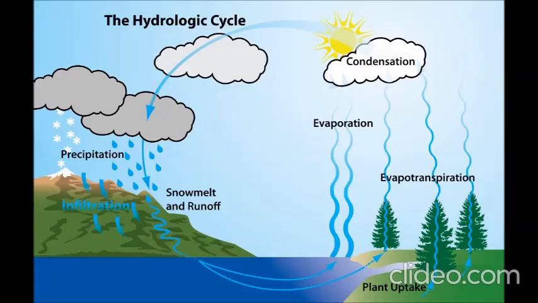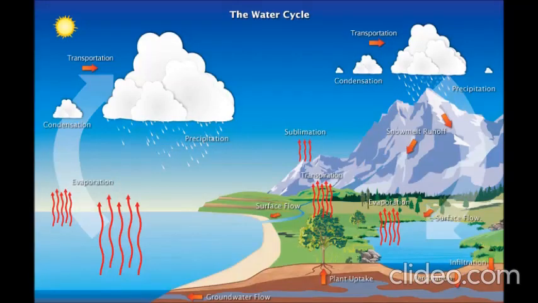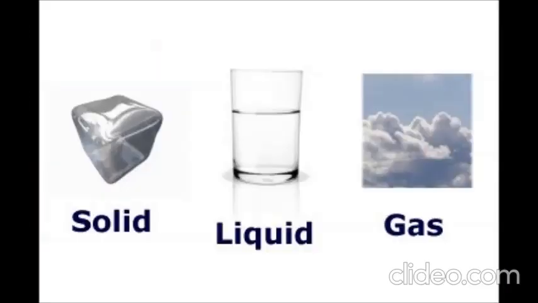Water is a cyclical renewable resource. It can be used and reused. The hydrological cycle is the circulation of water in different forms, that is, liquid, solid, and gaseous phases.